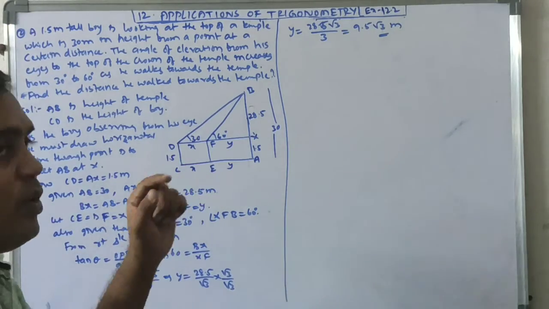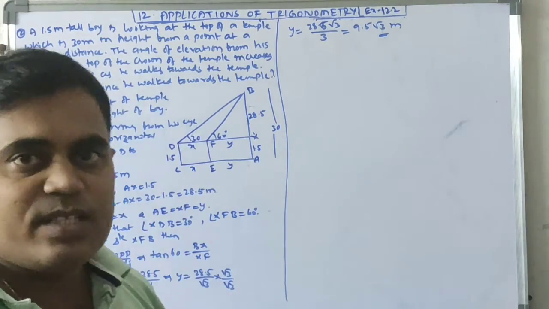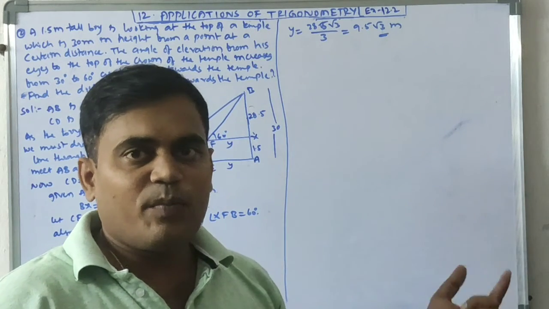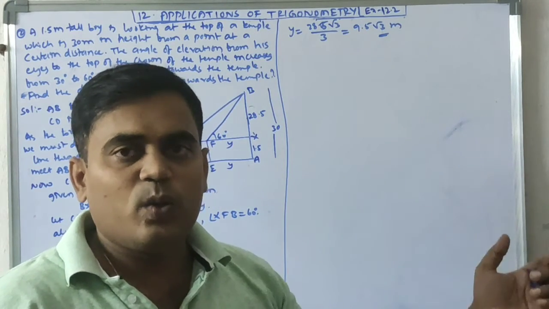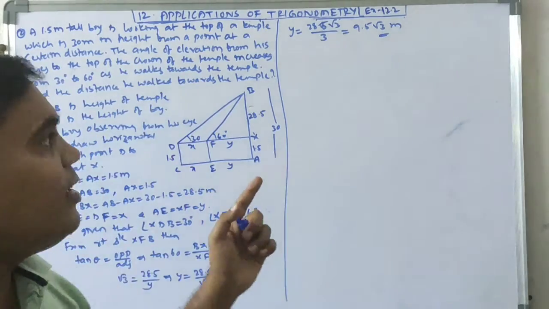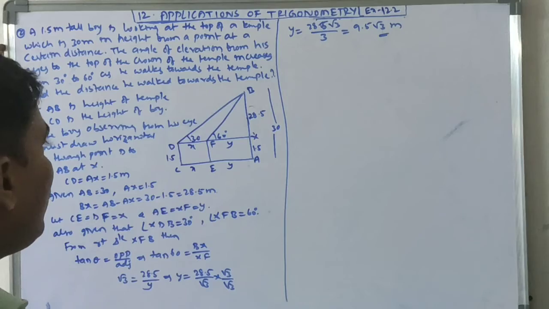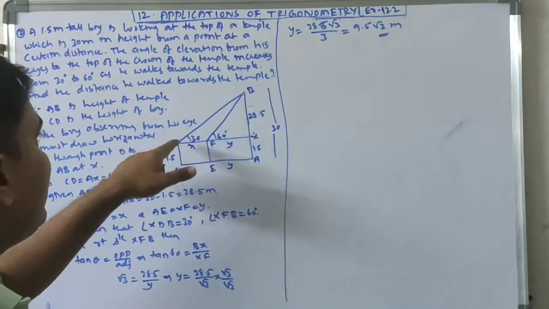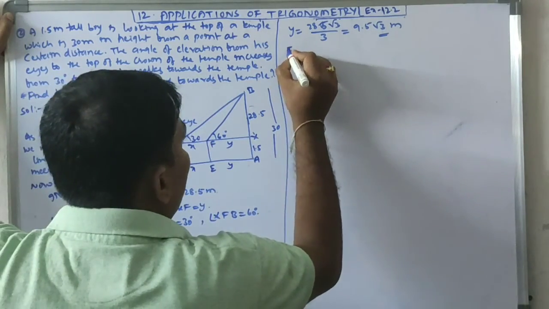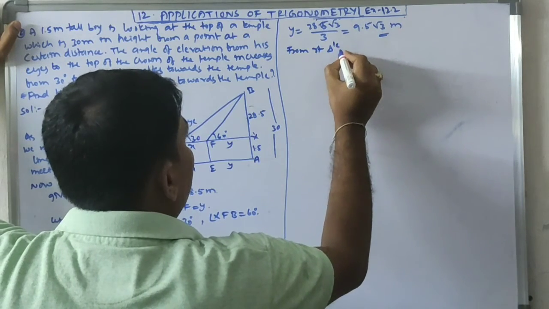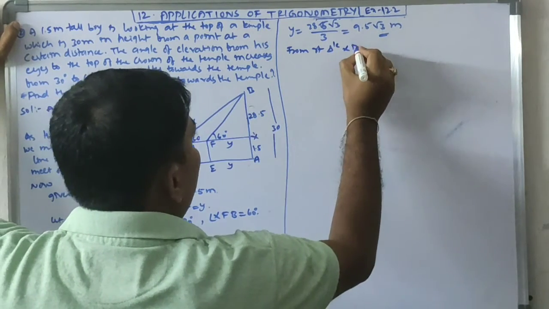What is y? After the boy walks some distance, the distance from the second point to the temple is equal to 9.5 root 3 meters. Later, I am taking right triangle XDB.